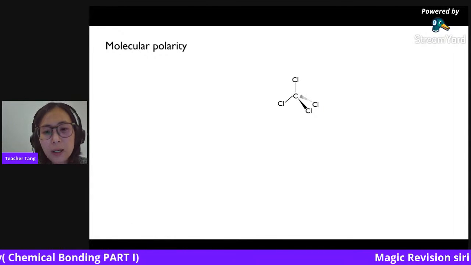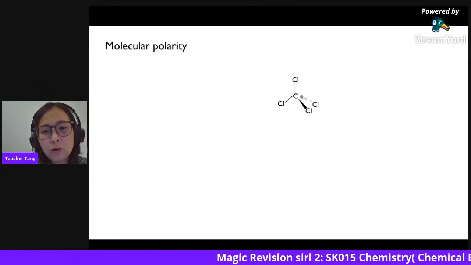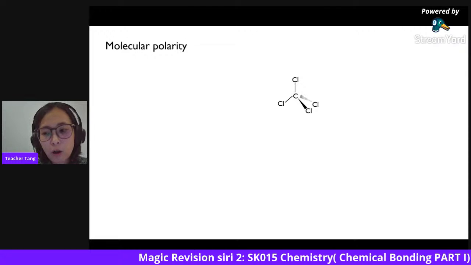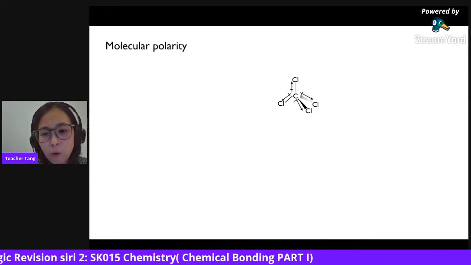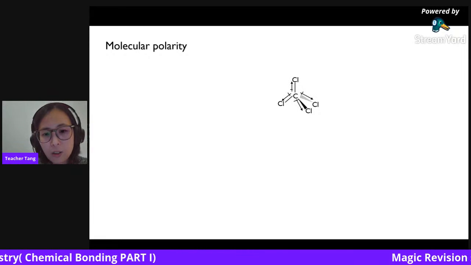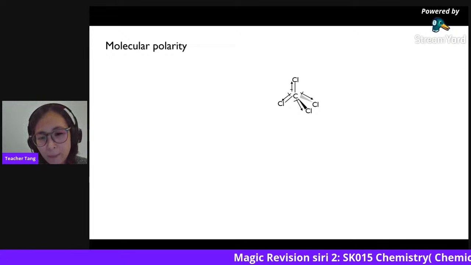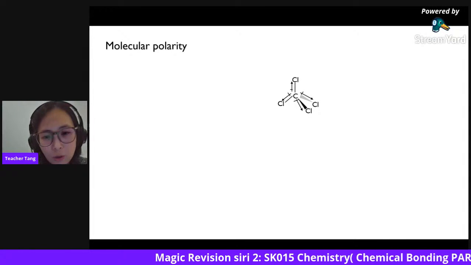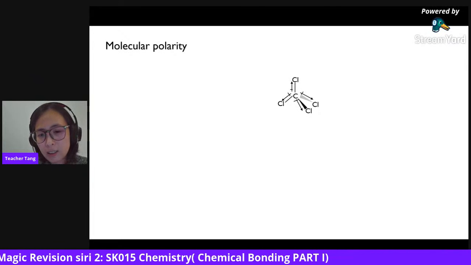Between carbon and chlorine, chlorine is more electronegative. So the bond dipoles point towards chlorine. Can you see that? The bond dipoles point toward chlorine, which means chlorine is more electronegative than carbon.